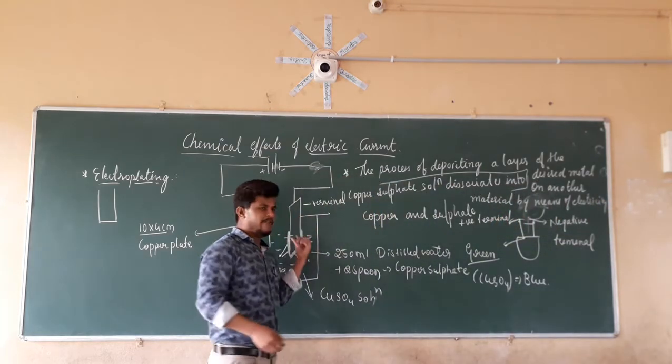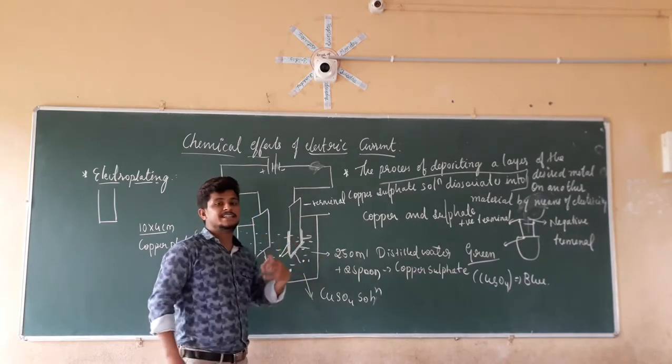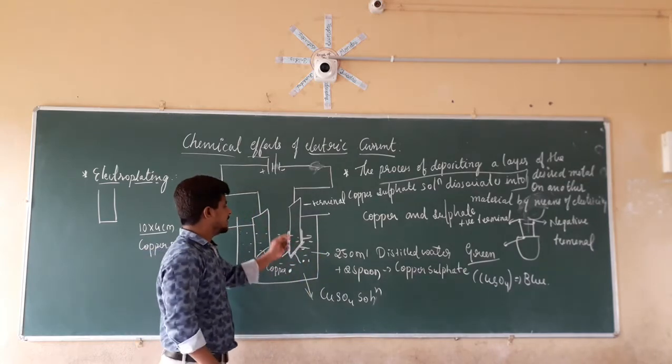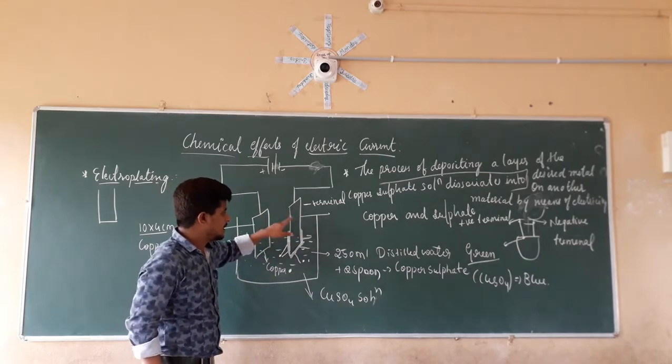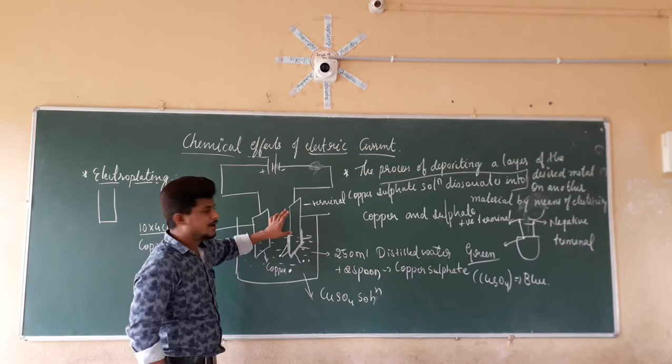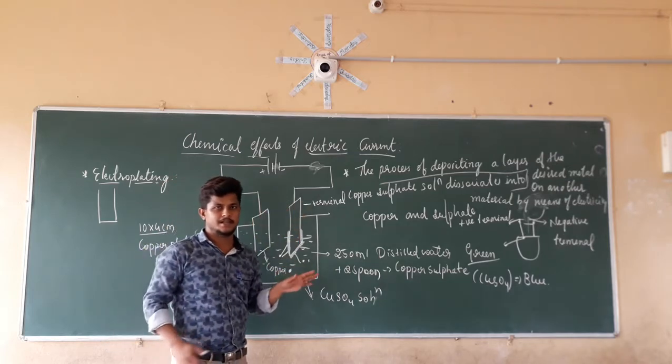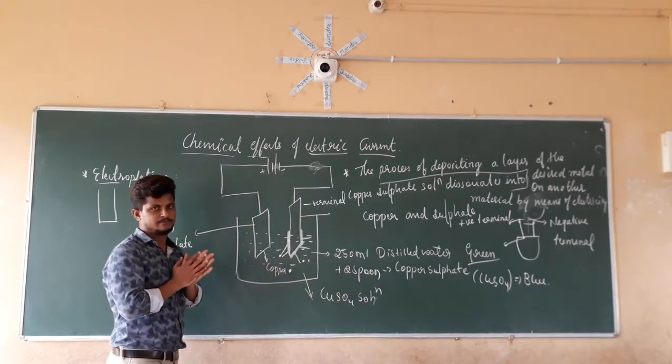So we already have a plate. On that plate we want the desired element, so that the desired element is going to deposit on this material by means of the electricity. It is the electroplating, and this is the process of the electroplating.